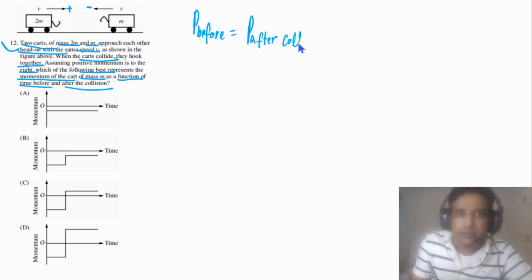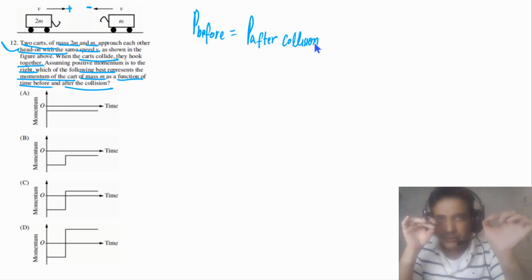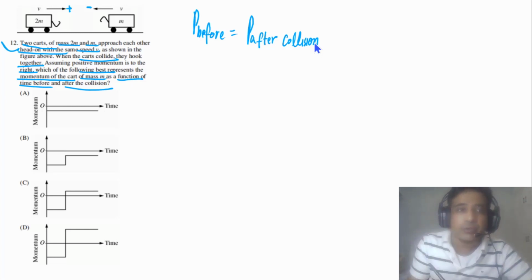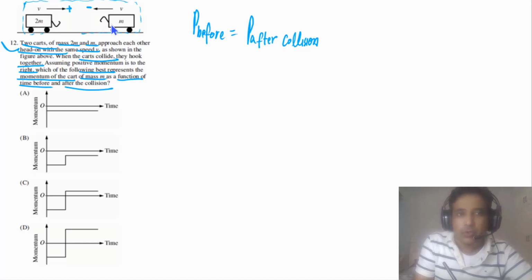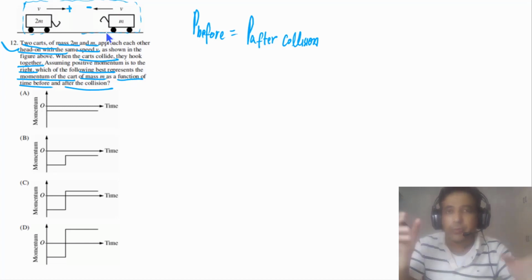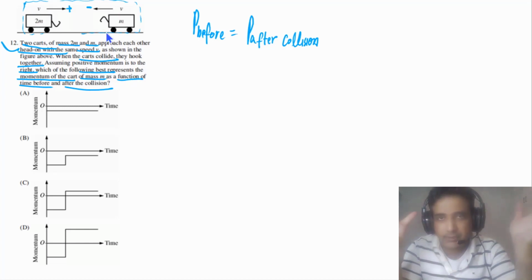Momentum is always conserved if there is no net external force acting on the system. In this case this is our system, and we are assuming that no net force is acting on these two cars. So the momentum before and momentum after has to be equal.